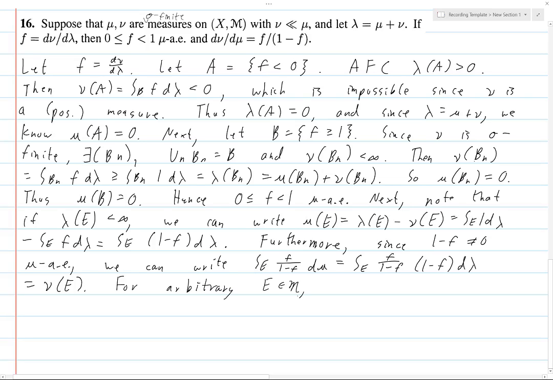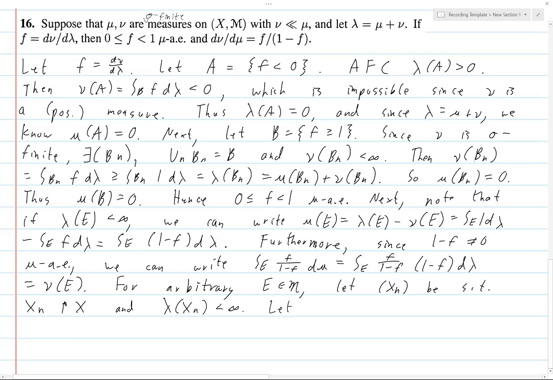Now we extend to arbitrary E in M. So for arbitrary E in script M, let Xn be such that Xn increases to X, increases in terms of subsets. So X1 is a subset of X2 is a subset of and so on, and lambda of Xn is finite for all n.